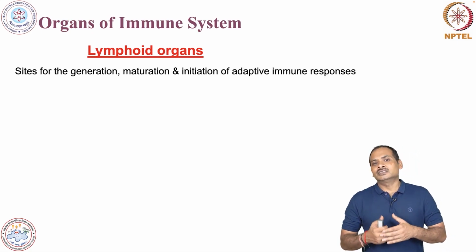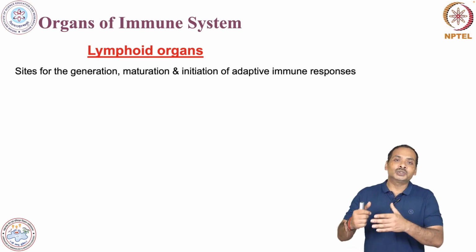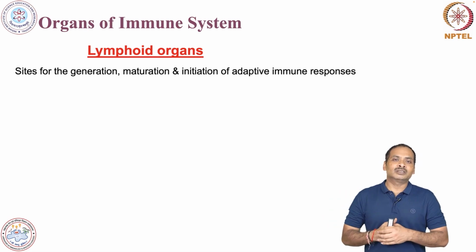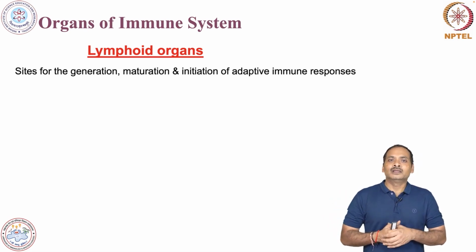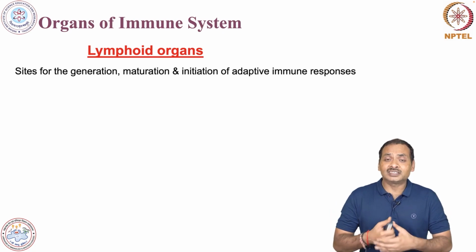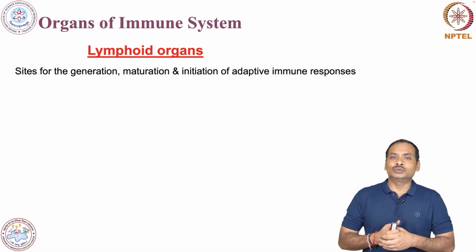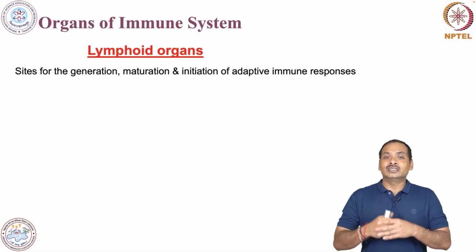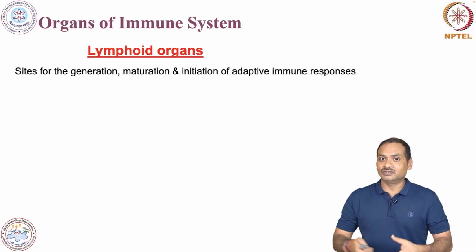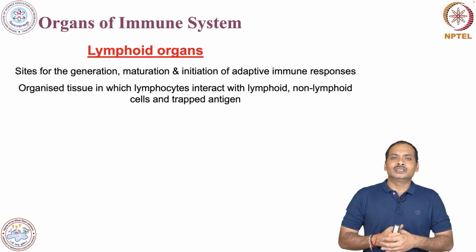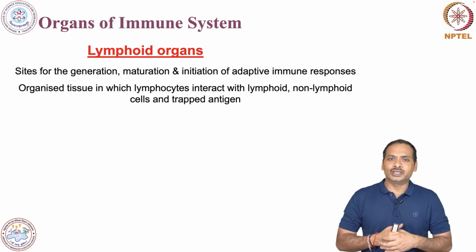Over there, these cells are generated, they mature, and eventually they become naive immunocompetent immune cells. Once these cells are generated, they also move to some organs where they look at the antigen and then develop antigen-specific immunity. So, this is overall what I want to say about the lymphoid organs.